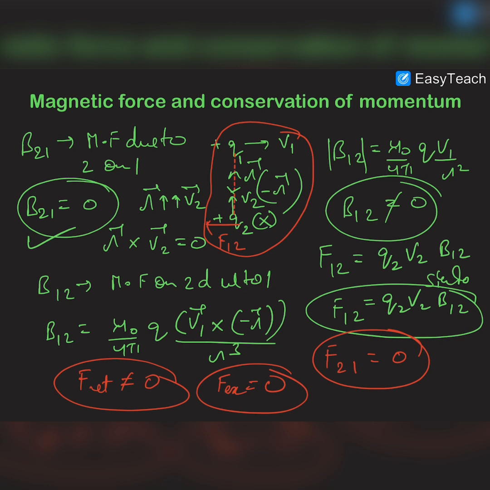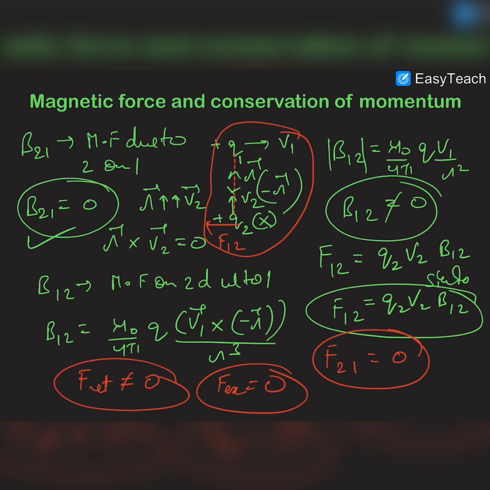So if we have to conserve the momentum, then we should conserve the momentum for the complete electromagnetic force, and not just due to the magnetic force only, or just due to the electric force only. So all the Newton's laws are equally valid for these two charges if we are considering the total force, which is electromagnetic force.